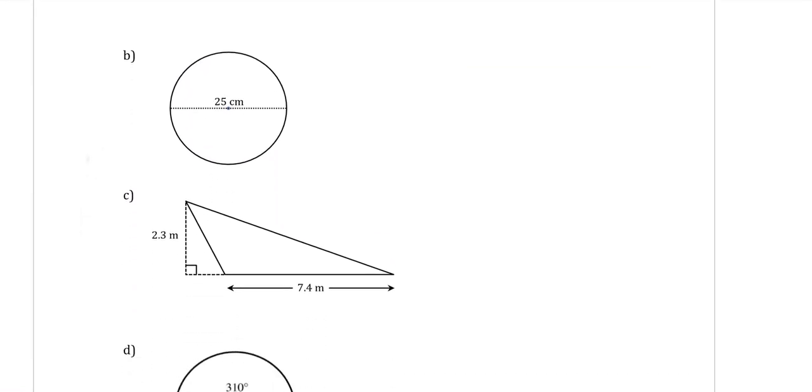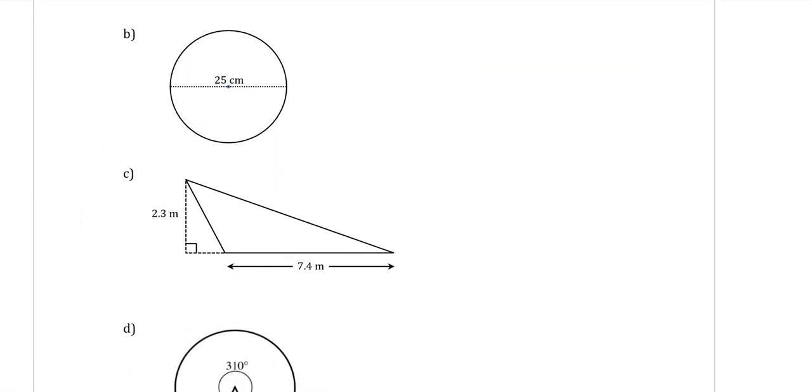Great, over the page. Next shape is a circle. The formula for a circle is A equals pi r squared. So we have to use the radius, but the 25 here is a diameter. The radius will be half of 25, which is 12.5.